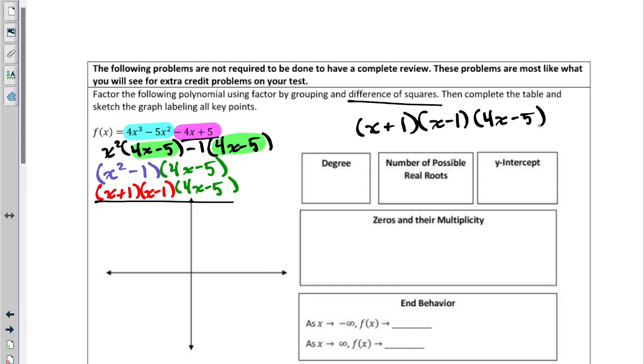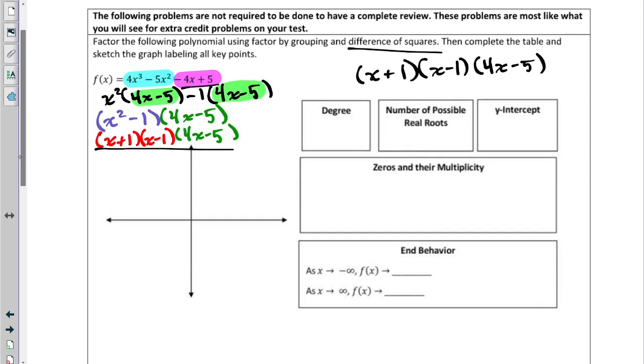All right? So now we're going back. We're talking about degree, number of possible real roots, y-intercept, multiplicities. I mean, this hopefully should ring a bell as soon as we talk about it. But the degree, remember, this is what we talked about at the beginning as well, is the greatest exponent above a variable. And in this case, if I look at my standard form, that is 3, right?